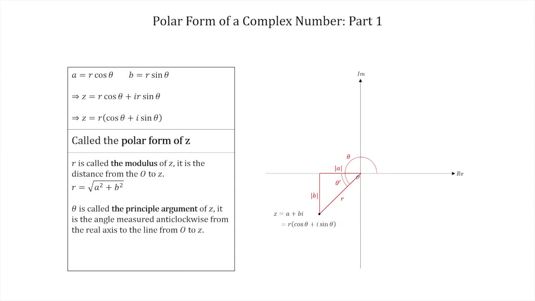And then we can say that z is equal to R times cos theta plus i sine theta. And just convince yourself that this makes sense. You might look at it and say, no, hang on a minute, isn't z equal to R times cos of theta prime plus i times sine of theta prime?